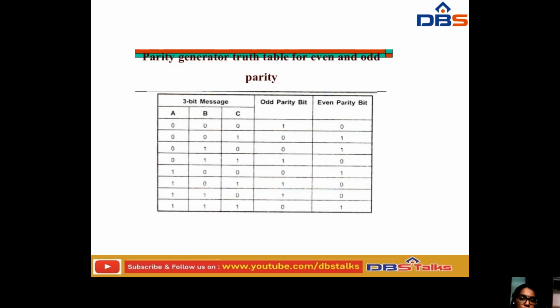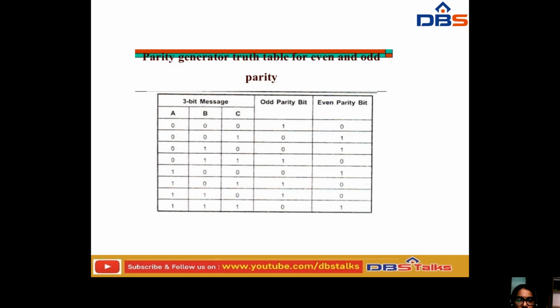If you have observed this truth table, this is a parity generator truth table for even and odd parity. If it is 0 0 0, it does not have any odd parity.